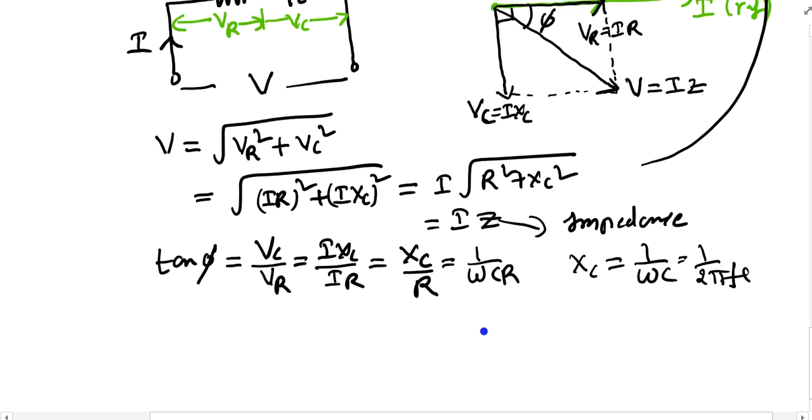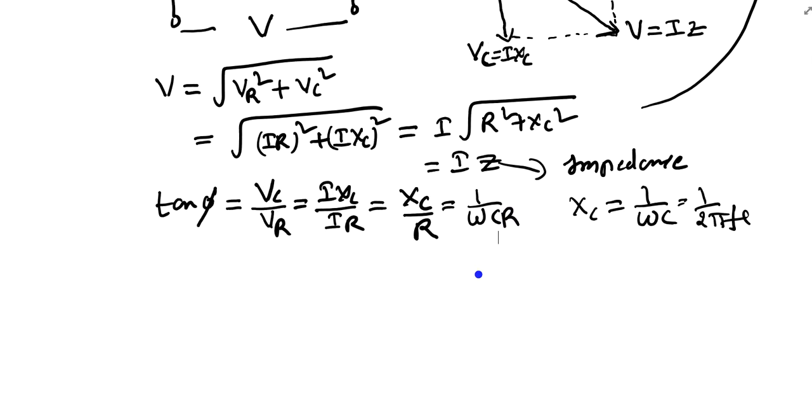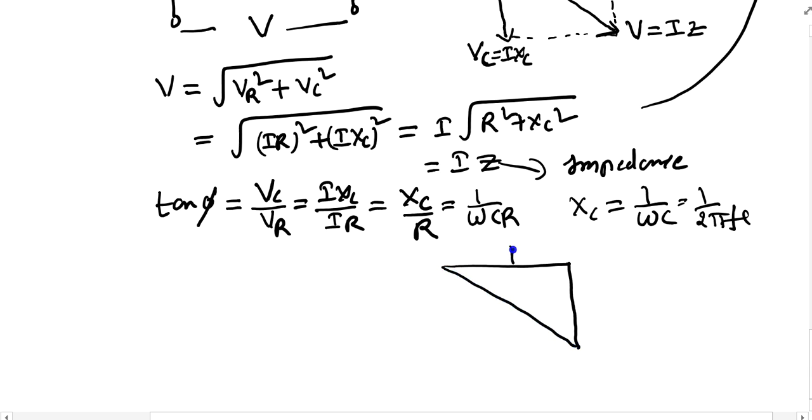If you want to draw the impedance diagram for this, this is the impedance diagram you are getting. This is R, this is Xc, and this is the angle phi between them, and the hypotenuse is Z. This is called the impedance triangle.